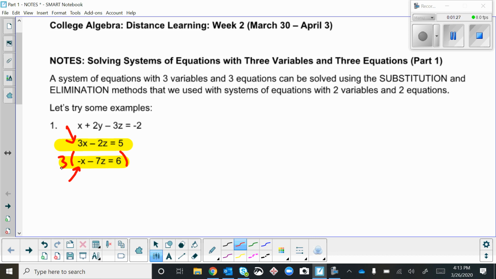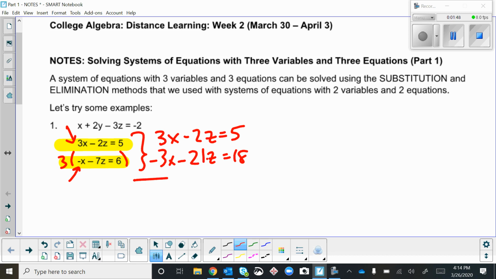So here's what I've got after that step. The top equation stays the same. And the bottom equation, after distributing the 3 everywhere to both sides of the equation, gives me this. Negative 3x minus 21z equals 18.